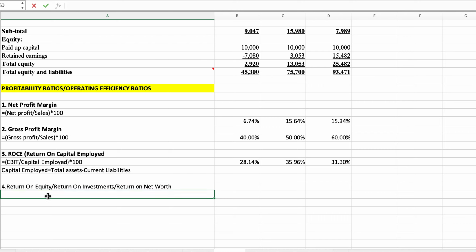So what is the formula for return on equity, return on investment, or return on net worth? Don't worry, the formula is the same. It is given by profit attributable to equity holders, you divide by total equity times 100. Profit attributable to equity holders.